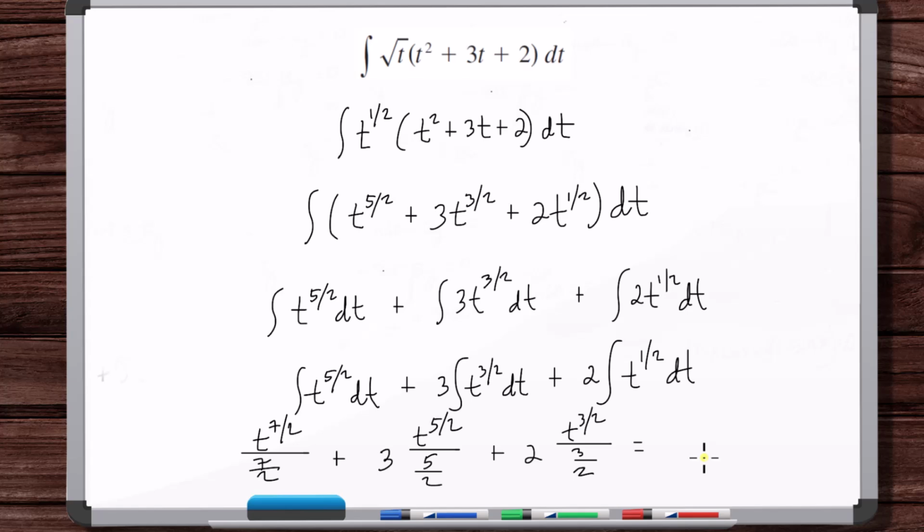Okay, so simplifying, oh, and then there's a constant at the end of this. So, and there you go.